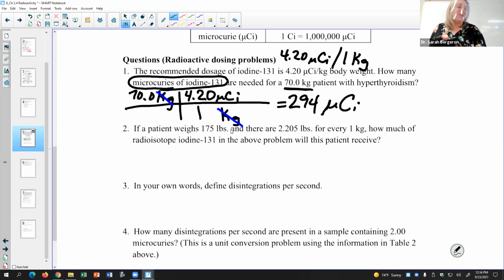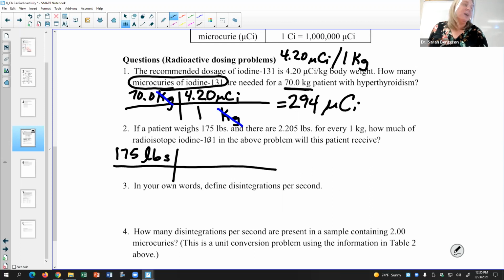Okay. If a patient weighs 175 pounds and there are 2.205 pounds for every 1 kilogram, how much of the radioactive isotope iodine 131 in the above problem will this patient receive? So this time, instead of getting the mass in kilograms, we get the mass in pounds. So you still start out with that weight, but we have to do an additional step first. I need to get rid of pounds and introduce kilograms.